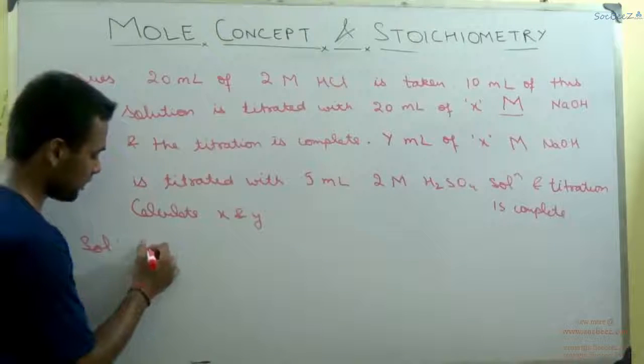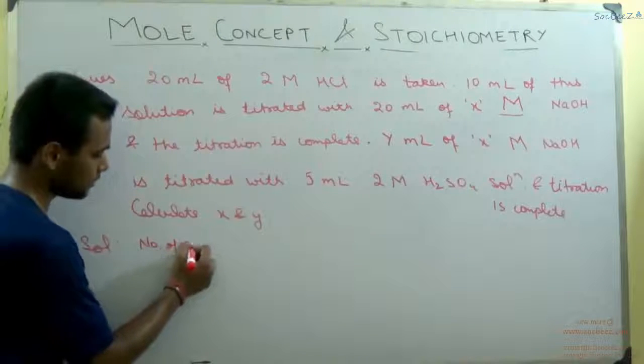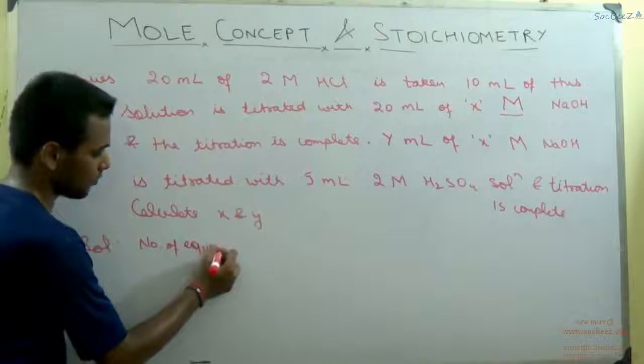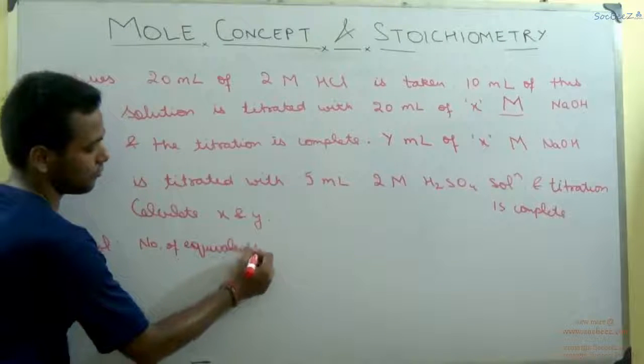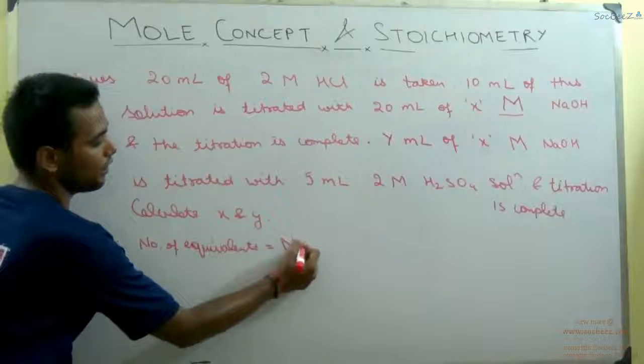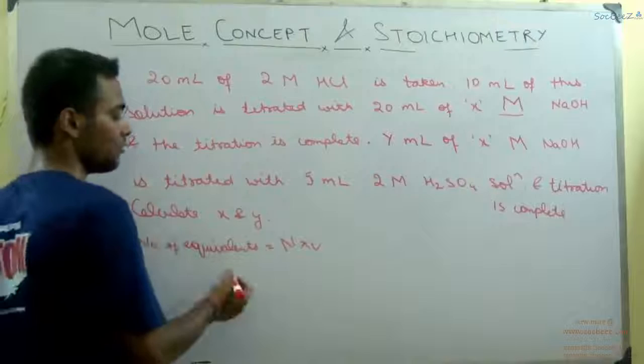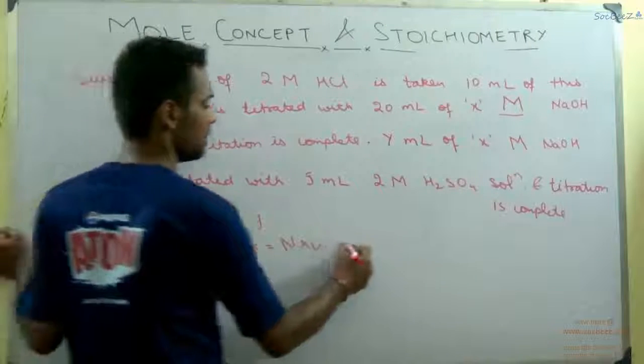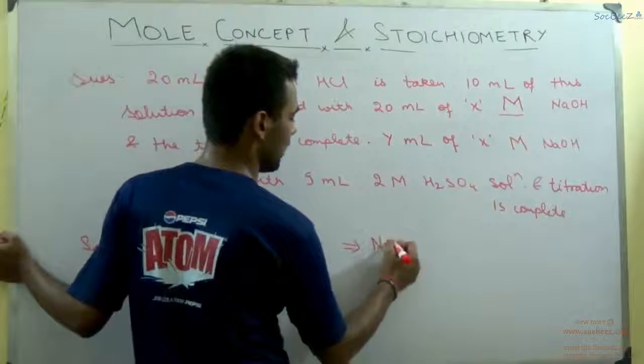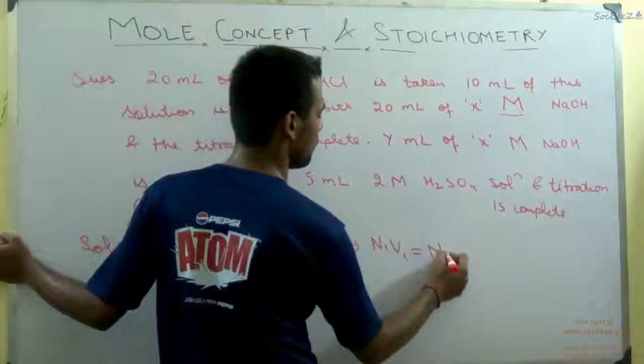Now, since we know that number of equivalents equals N into V, therefore, since number of equivalents are going to be equal, this implies N1 V1 equals N2 V2.